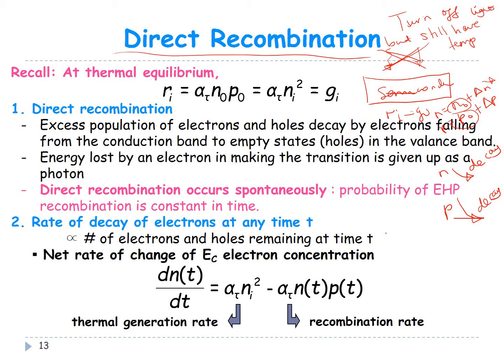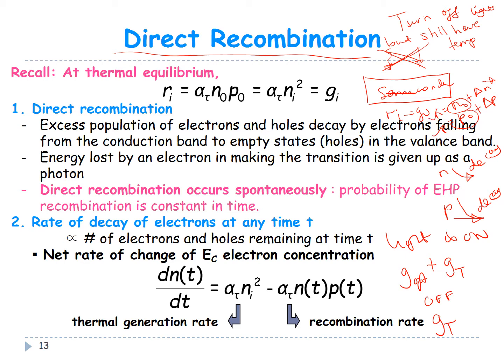So when light is on, you have optical generation plus thermal generation. And when you turn off the light, when light is off, you are only left with thermal generation. So the total number of electrons and holes is going to decrease.